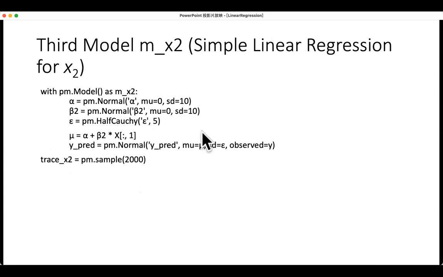And this one is we try to use x2 as the independent variable to again predict y. So pretty much everything will be similar, except that we use x2 instead of x1. And then we generate 2,000 samples.